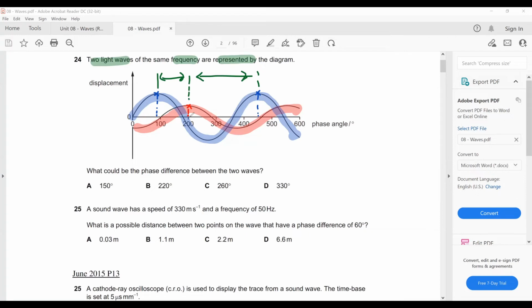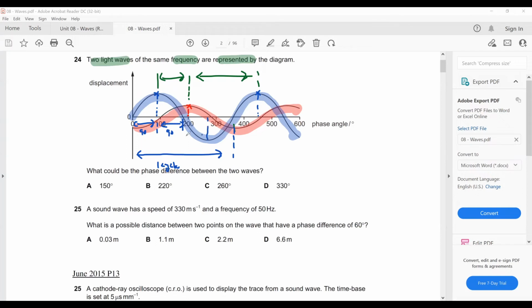Okay, so if I look at this one, this is 1 cycle for the blue colored wave. I think I may have made a small mistake just now. Let me write it out for you. This is 1 cycle. This part here would be 90. This part here would be 90. Okay.